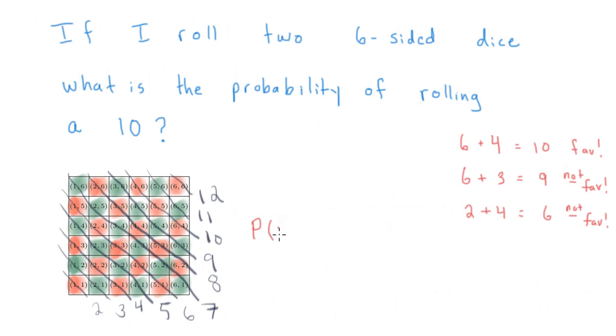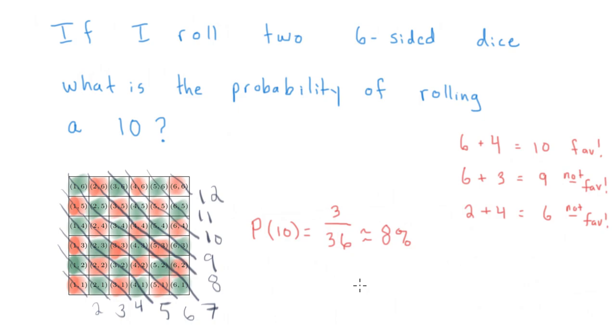So probability of rolling a 10 is going to be 3 out of 36. Okay, so pretty easy to compute. Let's get the percentage just for fun. Looks like approximately 8%.